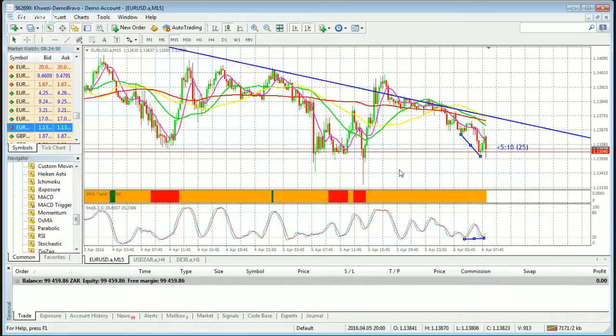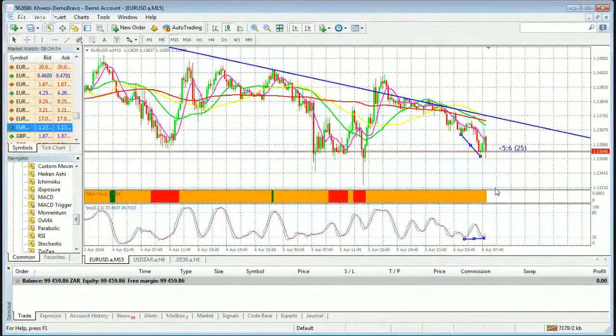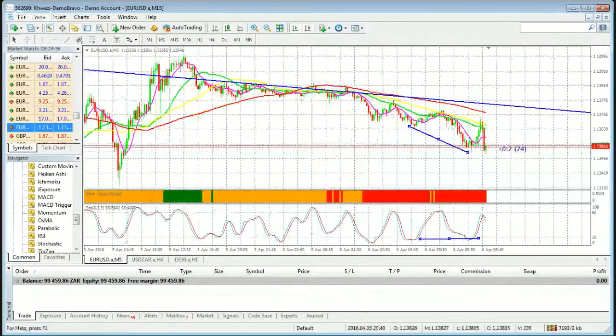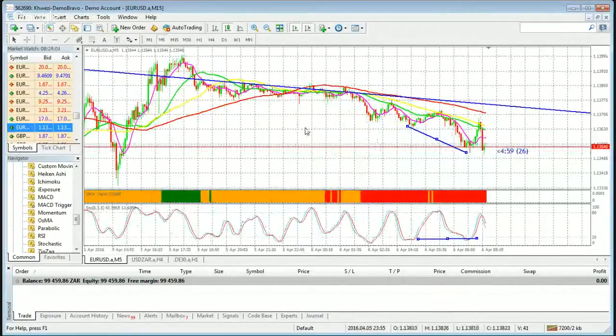There we go. The 5 is still doing its thing. Yeah, it's basically testing this level.